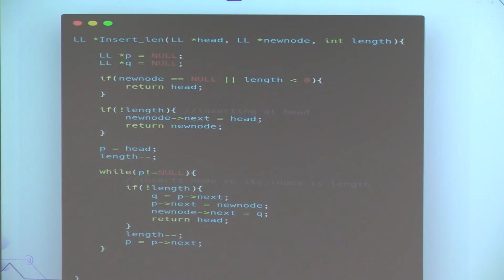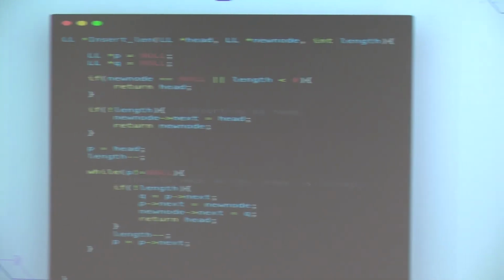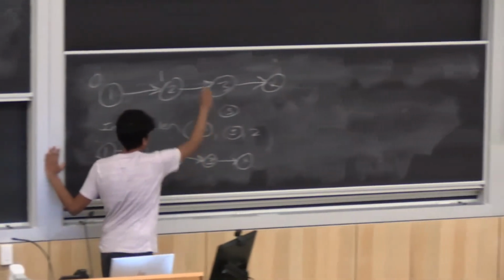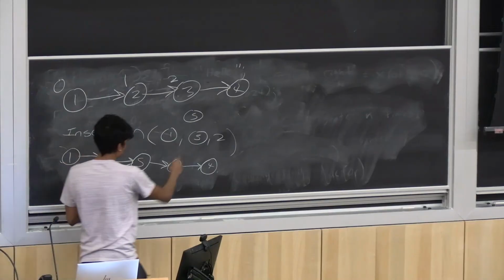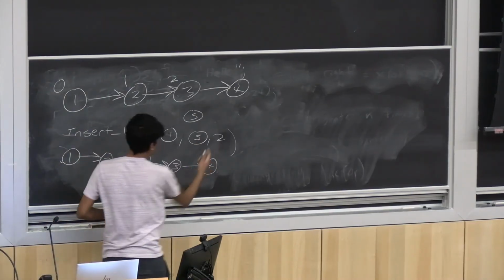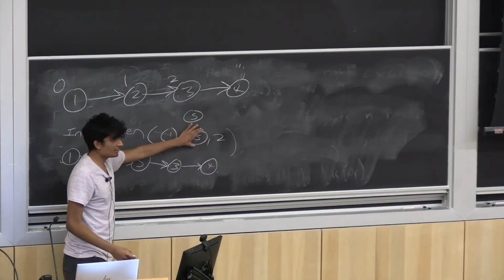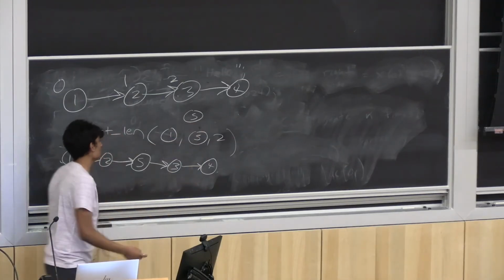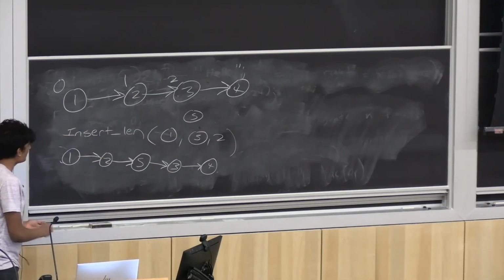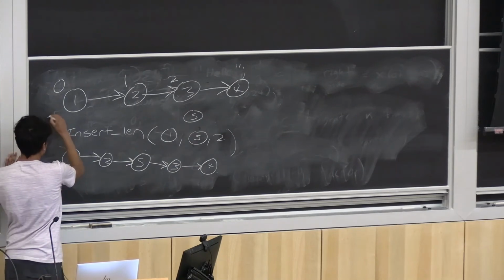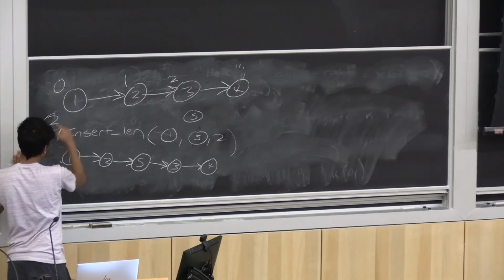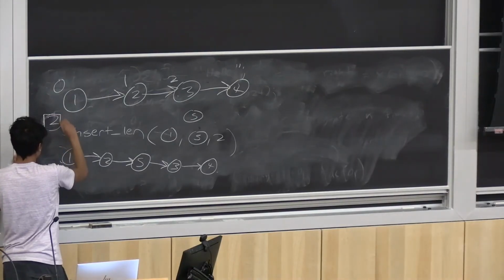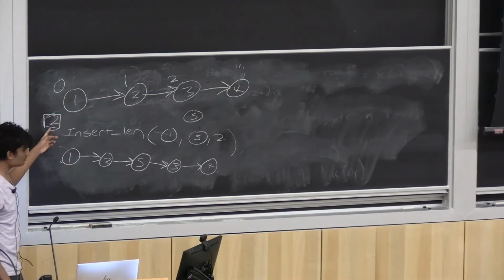So when we're inserting at the index, another way to look at it is this is the 0th index, this is 1, and this is 2. So when we're inserting the node 5, and we want to insert it in a way such that 5 will become index 2, originally, before we do the while loop, length is 2 here. So let me just put this as a square to signify the length.